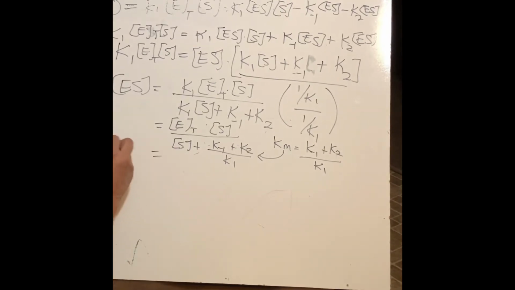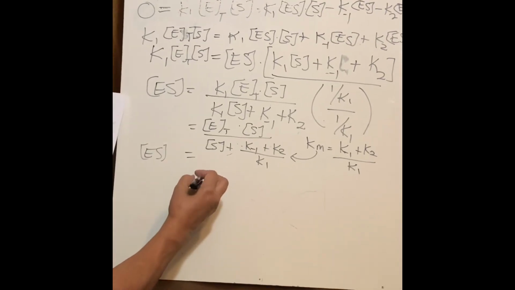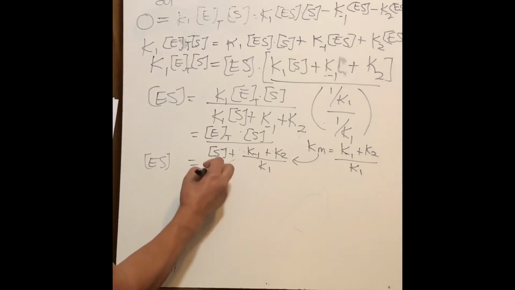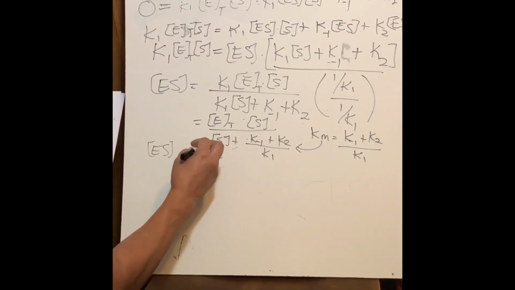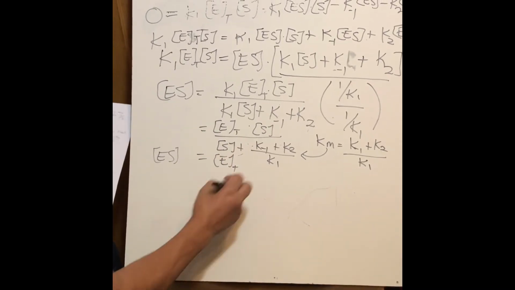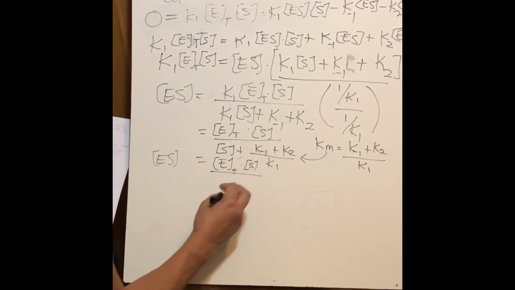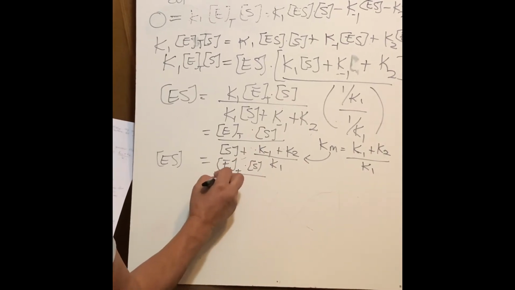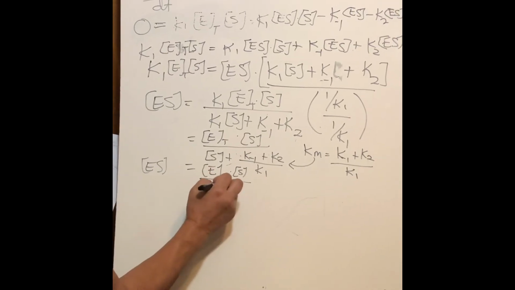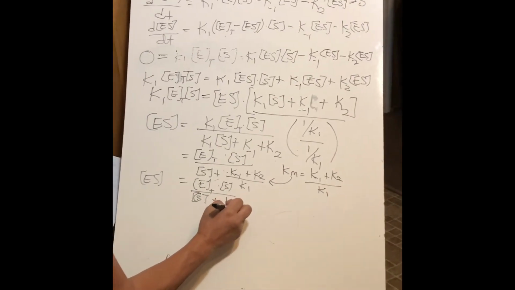And that will give us the enzyme substrate concentration equals total enzyme concentration times substrate concentration over the substrate concentration plus the Michaelis constant.